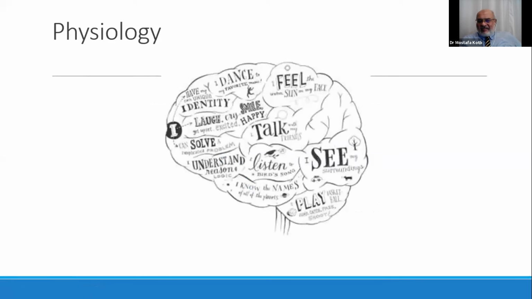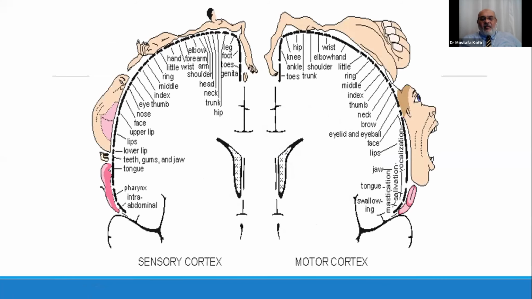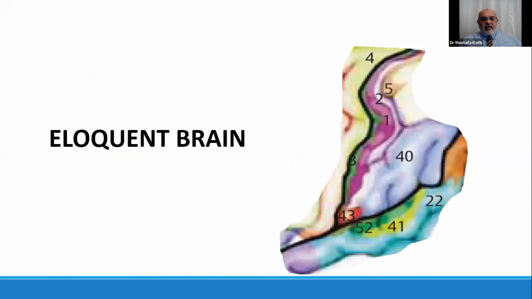There is no area that is really silent. But we have agreed that the areas concerning motor function, sensory function, and speech are the most eloquent. These are represented by this foot-like area in the cortex, surrounding the central sulcus and the Sylvian fissure.